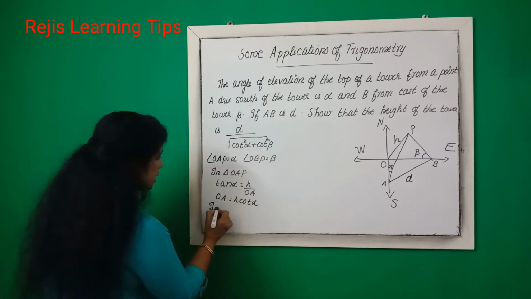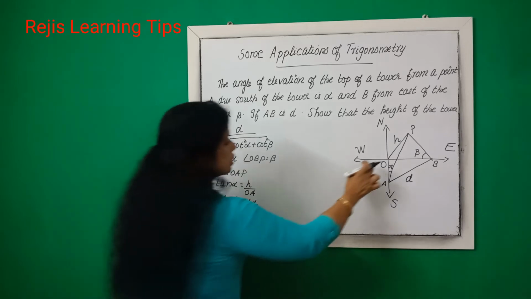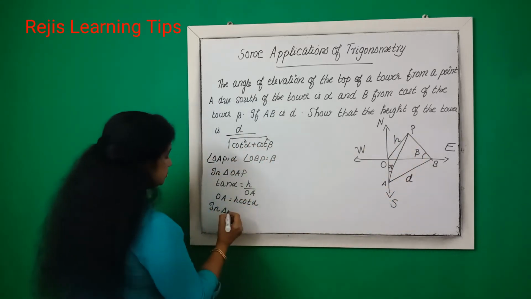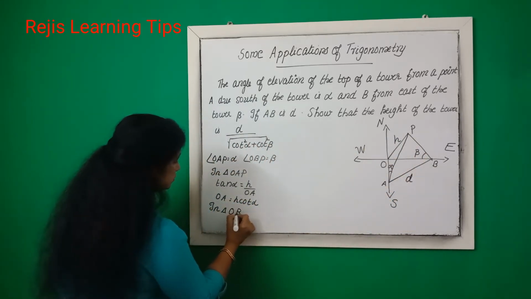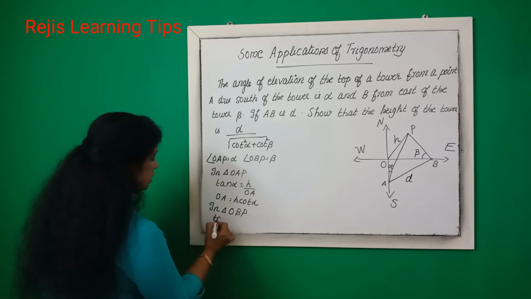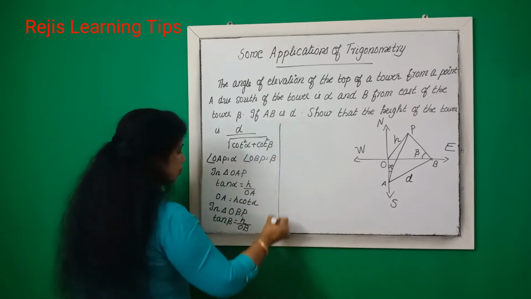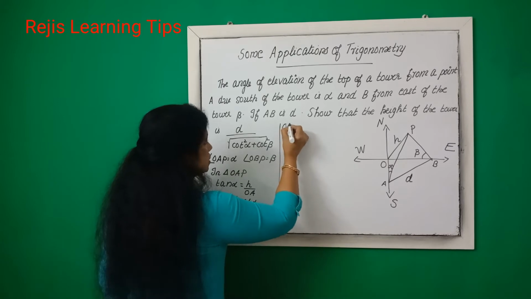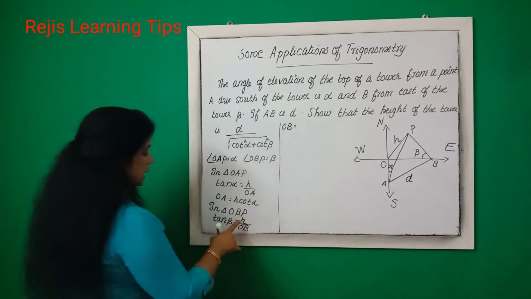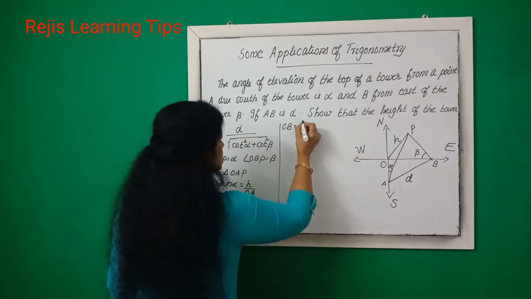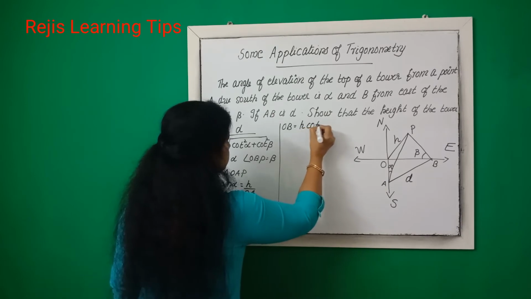Next, in triangle OBP, tan beta is equal to H divided by OB. Therefore, OB is equal to H by tan beta, that is H cot beta.